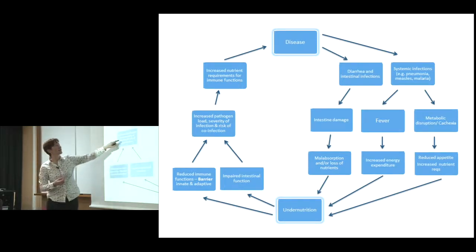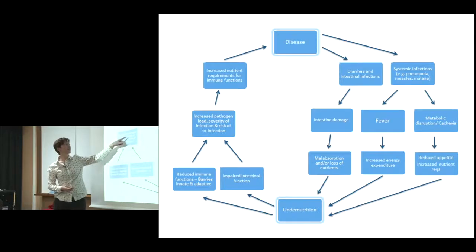And it's also this barrier that then causes an increased pathogen load. So we're all being hit by potential infections all the time, but maybe the dose that we get is pretty small because our barriers are working well, so we're blocking 90%, let's say, and a few get through. But if your barrier is not working very well, maybe 50% get through, so you get a much bigger dose.